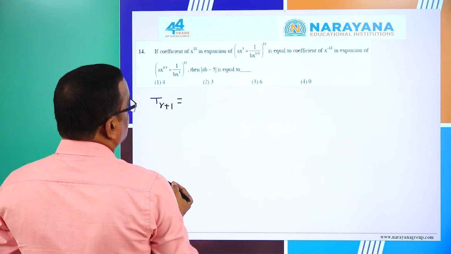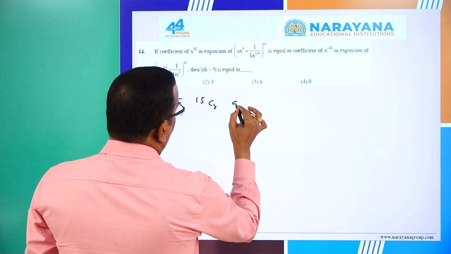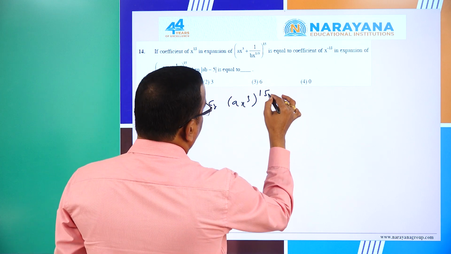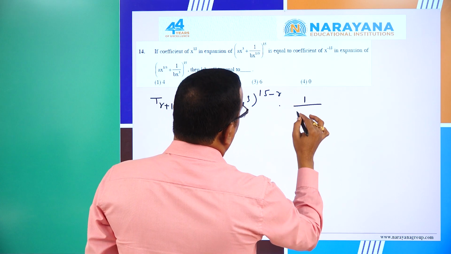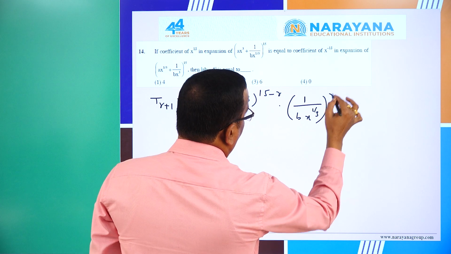T(r+1) is 15Cr into (ax^3)^(15-r) into (1/(bx^(1/3)))^r.